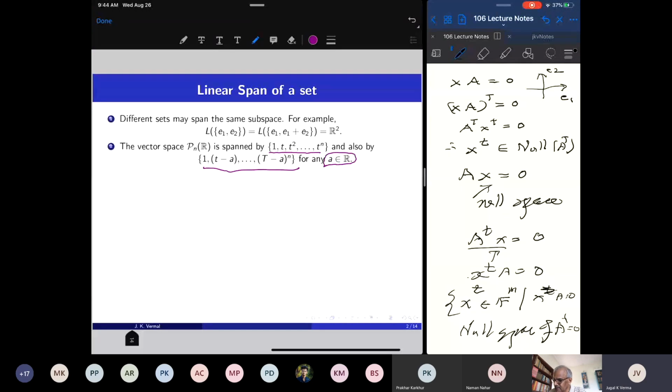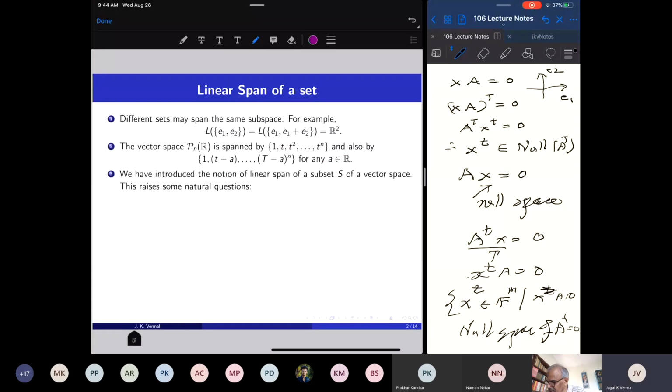So the question is, which spaces can be spanned by finitely many elements? P_n(R) is the linear span of n plus 1 polynomials. R2 is the linear span of 2 vectors, E1, E2, or E1 plus E2. So the question arises, what are the vector spaces which can be the linear span of finitely many elements in that space?